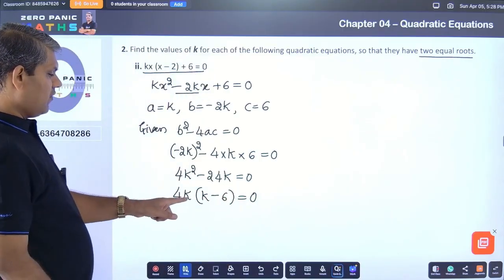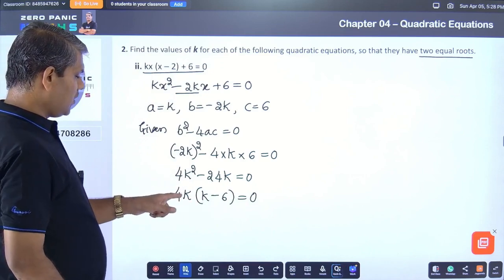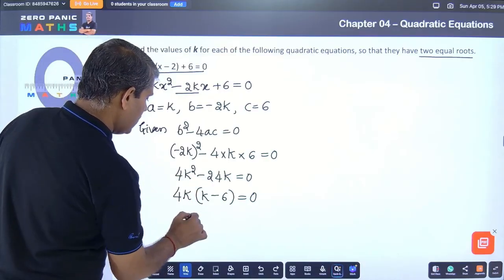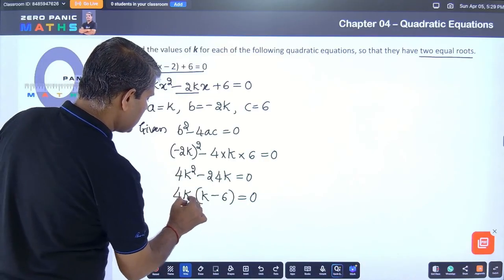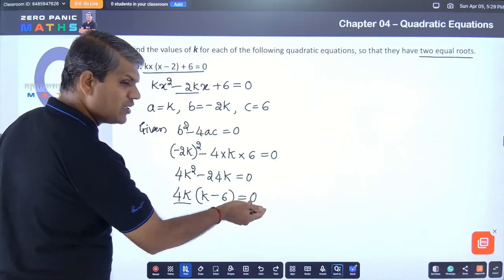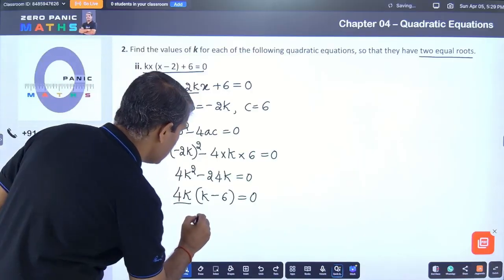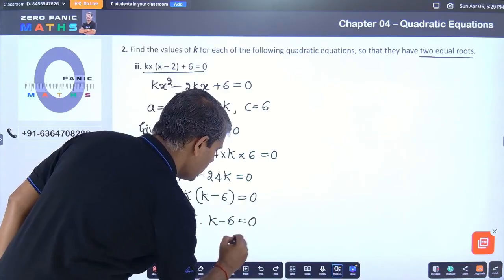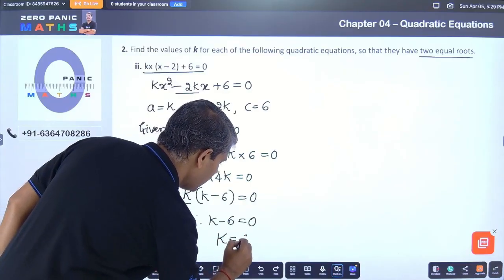Now I can just take 4k to that side, 0 by 4k is 0 only. Therefore k minus 6 is equal to 0, and the final value of k is 6.